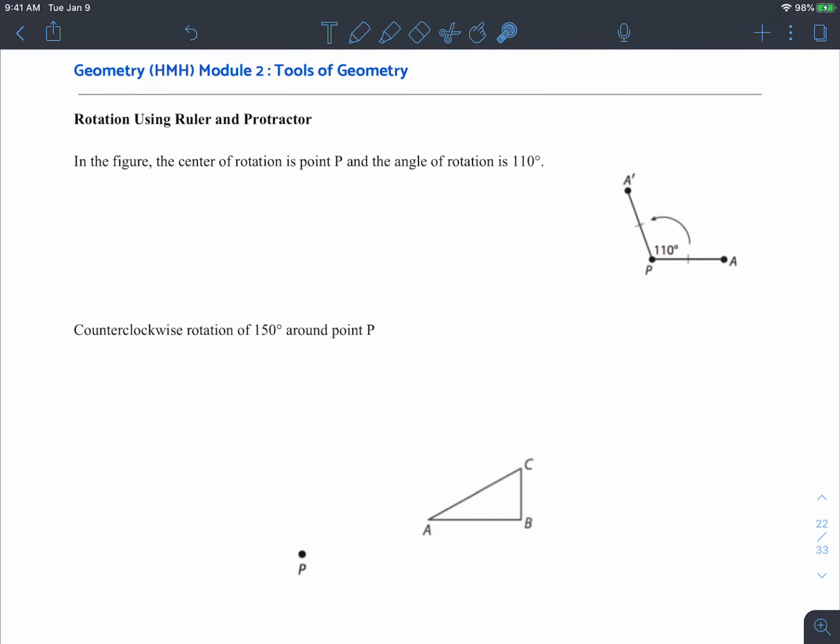So what you would do is put a protractor like this, a line from point A to the center of rotation like this, right? Put the bottom line of the protractor over there, and you do that. And if you connect, you would see that that'd be 110 degrees going this direction. And you would draw, let's say, connect a line this way. And then using a compass, widen the compass this way to measure that. And if you transfer that over there, it should work. Then you know it's been rotated 110 degrees.